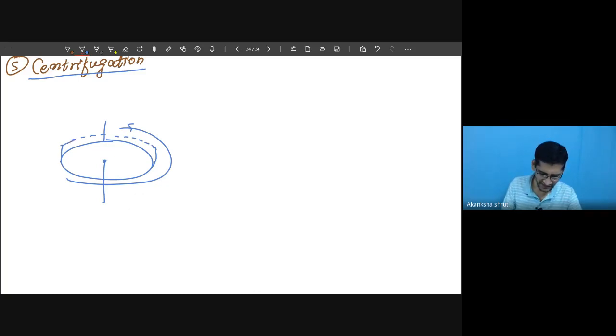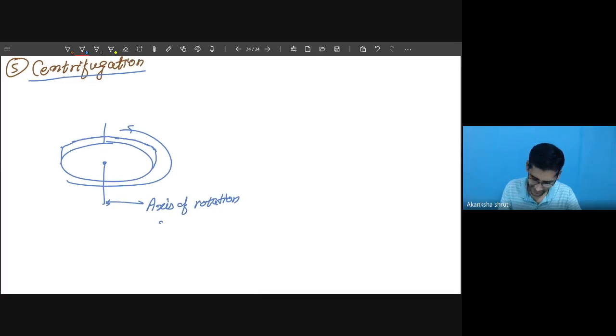It is like a cylinder. So this cylinder is allowed to rotate over the axis. This is the axis of rotation of disc or cylinder.